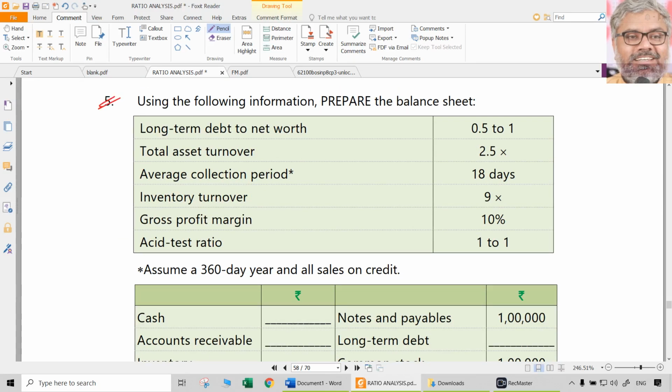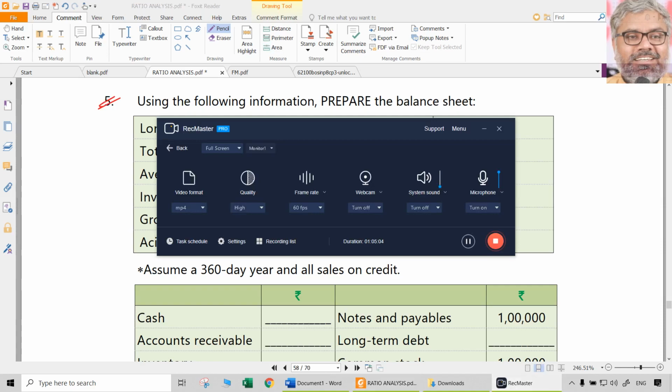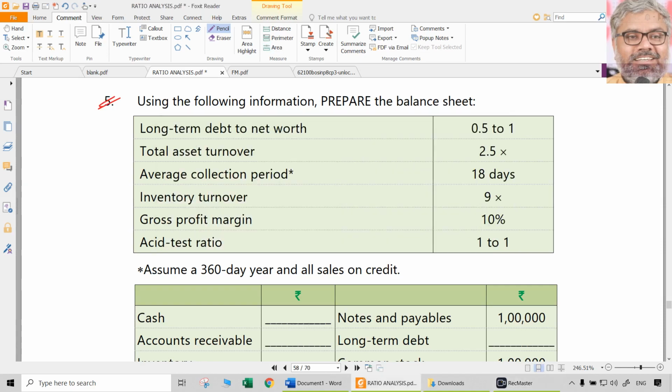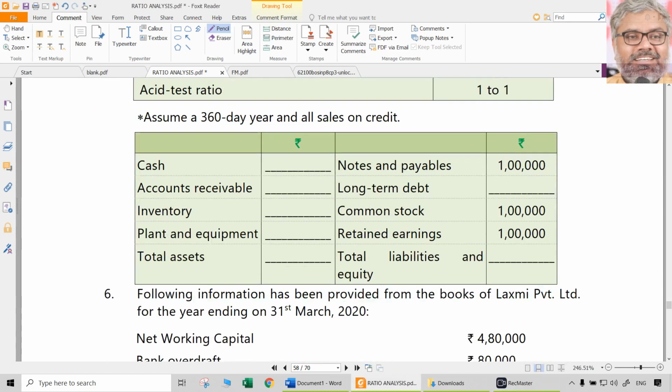Now moving on to question number 5. Here also, prepare the balance sheet is what is asked. But look at the requirements here. Only point is, in this case, assets are on the left side, and equity and liabilities are on the right side. It's okay. There is no hard and fast rule.